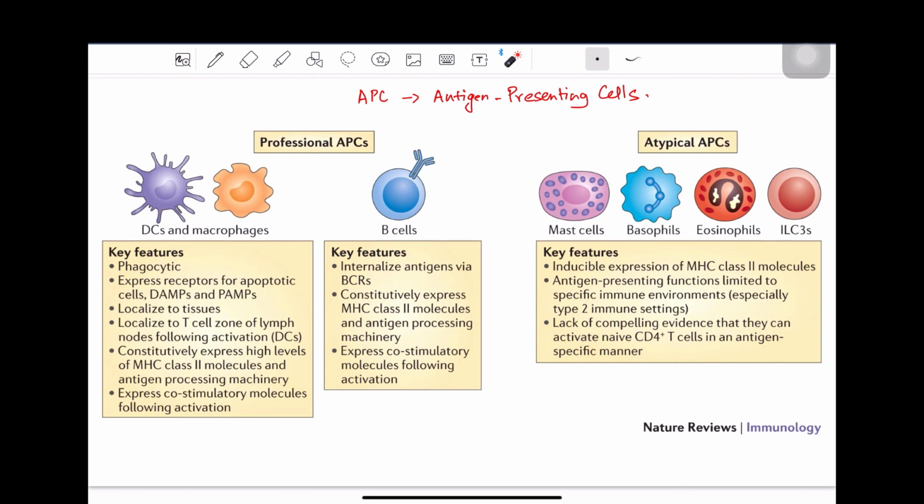Both the dendritic cells and macrophages can phagocytose the antigen. They express receptors for PAMPs and DAMPs. What are PAMPs? Pathogen associated molecular patterns, and DAMPs are damage associated molecular patterns.